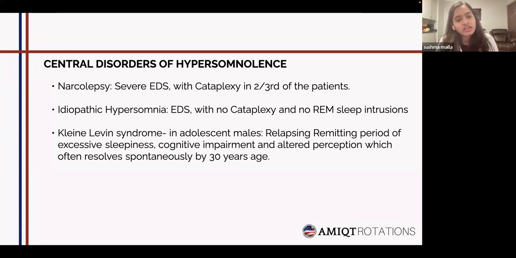And Klein-Levin syndrome is a rare disorder mostly seen in adolescent males. It is a remitting, relapsing kind of presentation. Usually it lasts around 2 weeks, and it recurs every 18 months usually, with the person having excessive sleepiness, cognitive impairment, altered perception. Along with this, they have other symptoms also, like eating disorders.